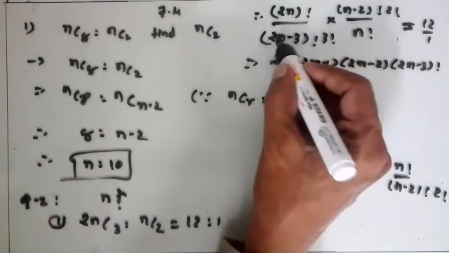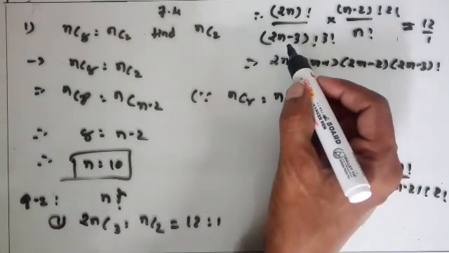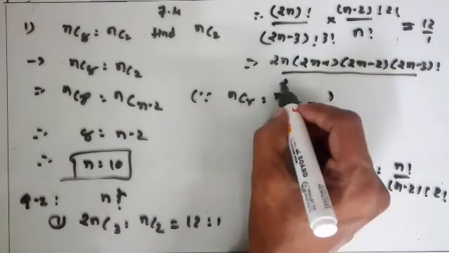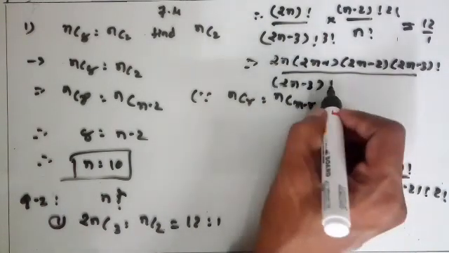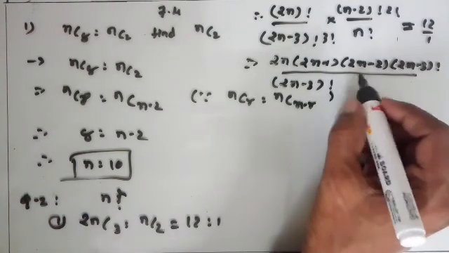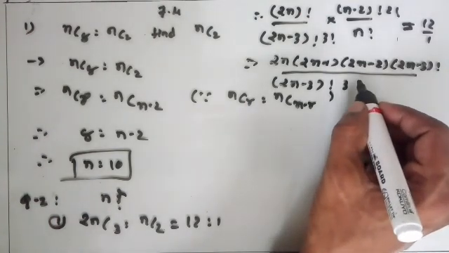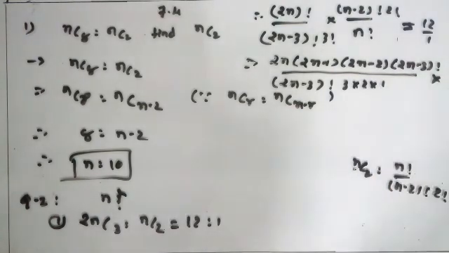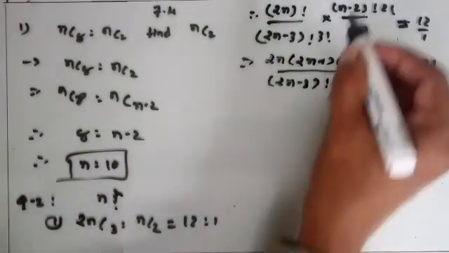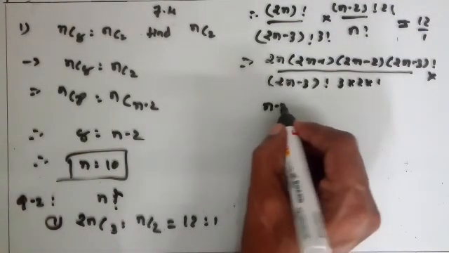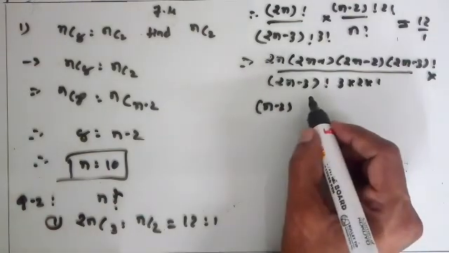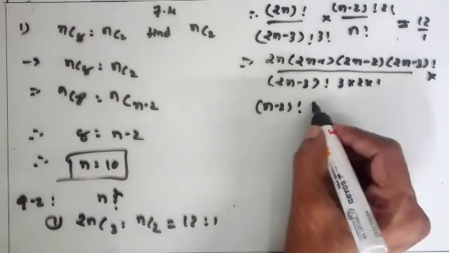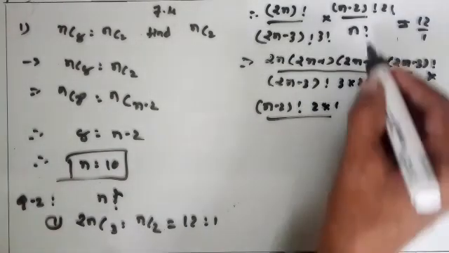Here in the denominator (2n minus 3) factorial is given, so expand up to (2n minus 3) factorial upon (2n minus 3) factorial into 3 factorial. 3 factorial is equal to 3 into 2 into 1, into (n minus 2) factorial into 2 factorial, that is 2 into 1, upon n factorial.